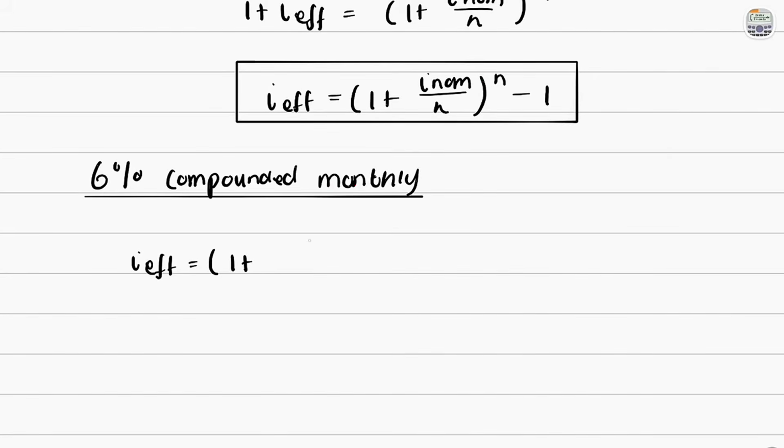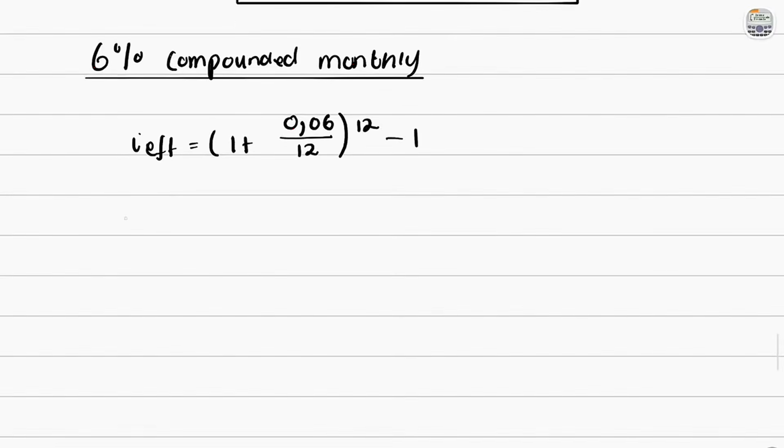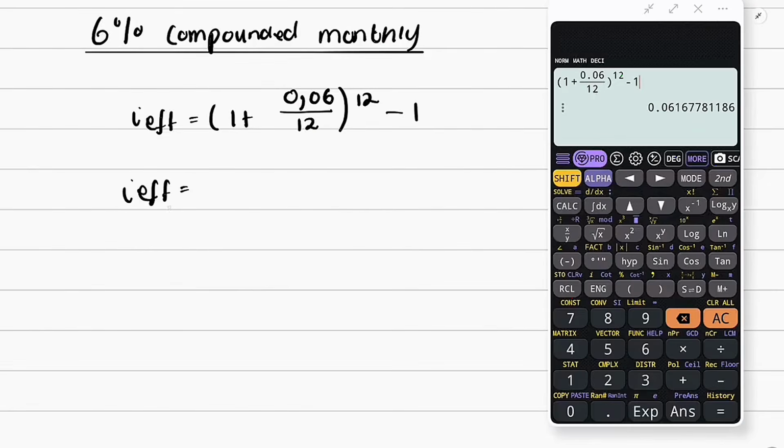So 6% as a decimal is 0.06. And then it's compounded monthly, so we divide it by 12 so that it gains interest every month. And then raised to the power of 12, minus 1. And we can get that interest. So this is what we have.